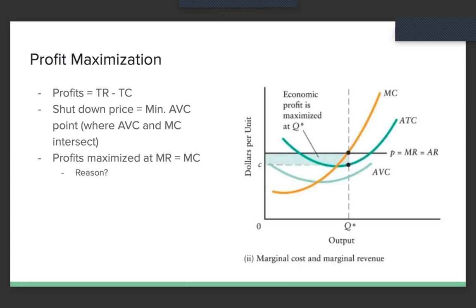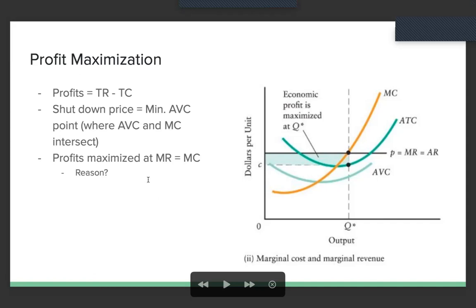Now we look at profit maximization. First, profits are total revenue minus total costs. And just for terminology, the shutdown price is the point at which the average variable cost is at its minimum. So the point at which MC intersects AVC is the minimum point of the AVC curve.